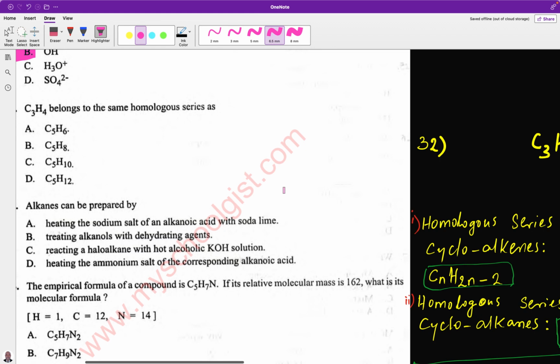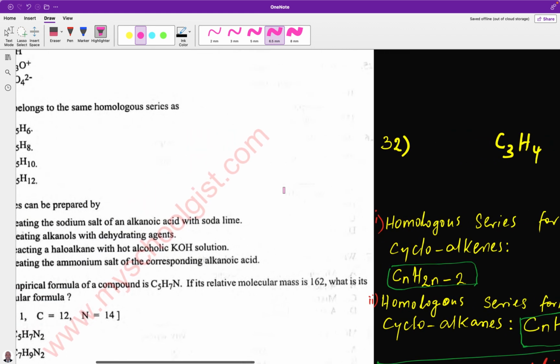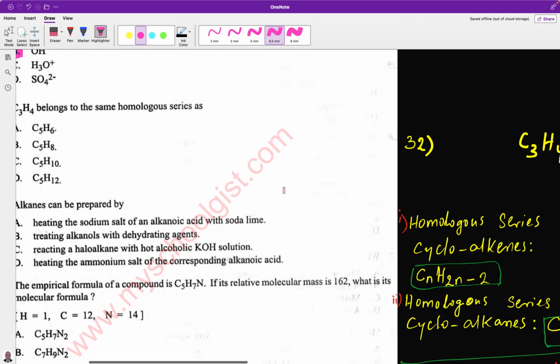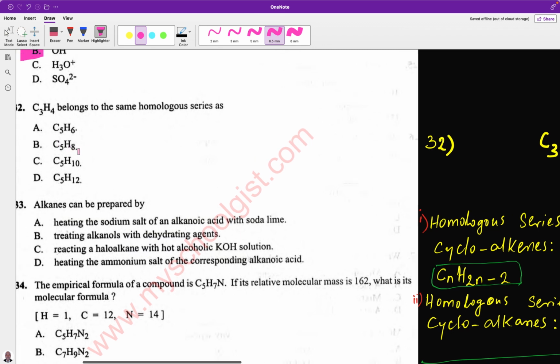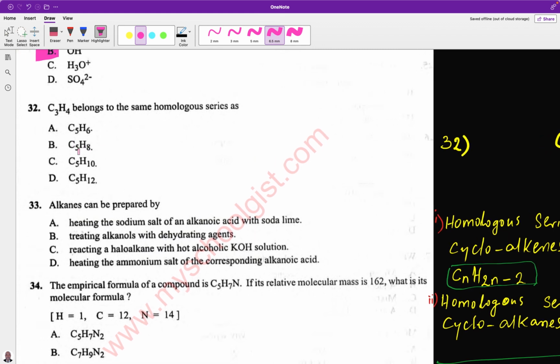If we take 5 carbons and substitute, 2 times 5 is 10, 10 minus 2 is 8. So it is C5H8. It belongs to the same homologous series as C5H8, which is B. So our answer for 32 is B.